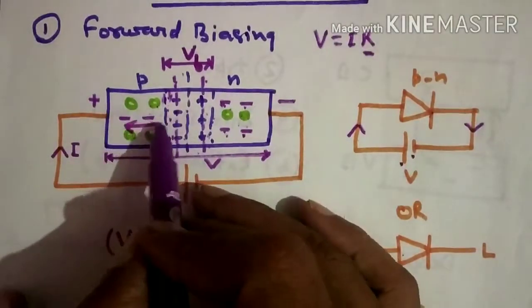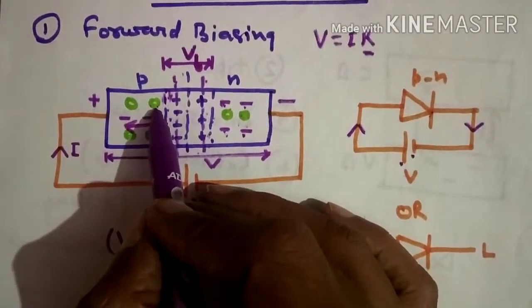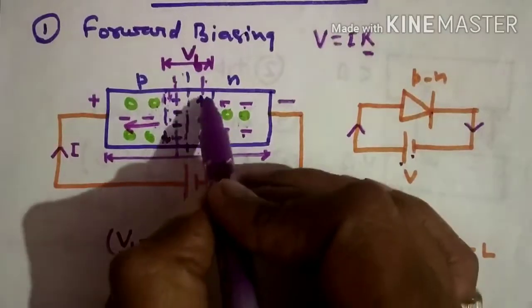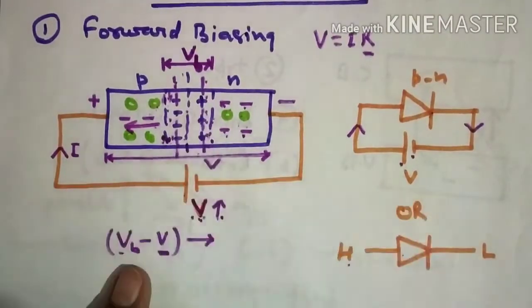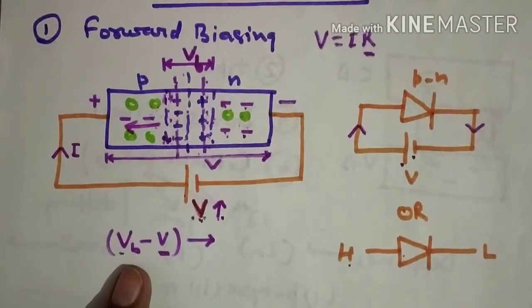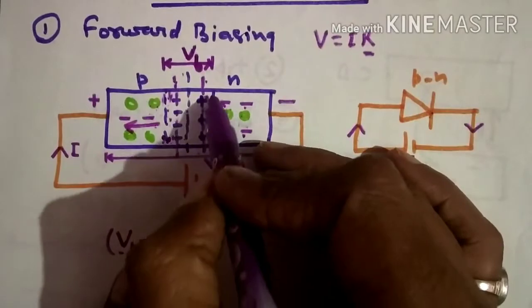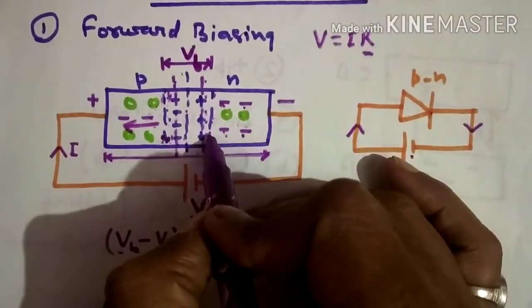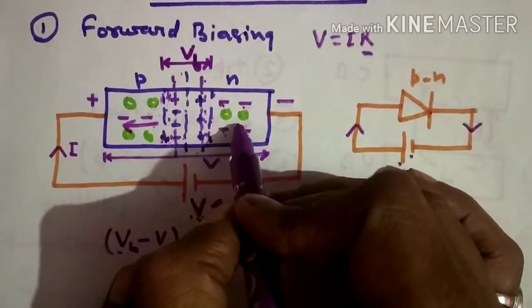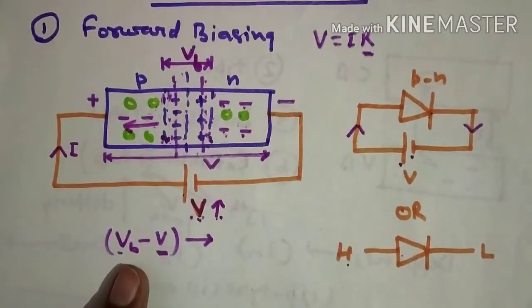And the same thing happens with the holes. These holes, when they have crossed the junction, have accumulated near the depletion layer. So the concentration of holes near the junction is more than the concentration of holes in the rest part of the N side of the diode.